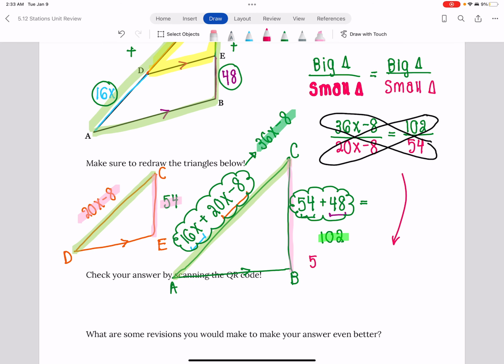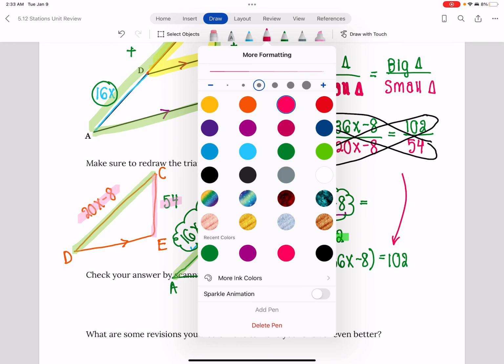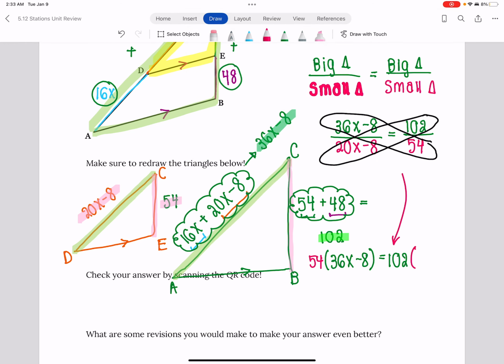I'm going to have 54 times, in parentheses, 36x minus 8. I'm going to set that equal to 102 times, in parentheses, 20x minus 8.